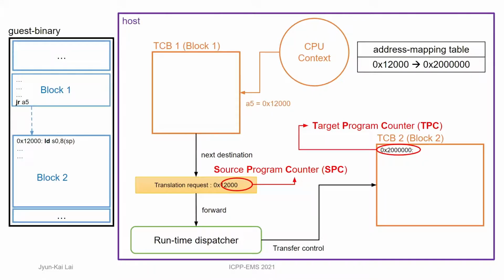TCB1 needs to pass the source address, which we call source program counter, or SPC, to the runtime dispatcher to find out the address of the successor block in the host machine, which we call the target program counter, or TPC. The runtime dispatcher looks up the address matching table, finds the destination, and transfers control to TCB2, which is translated from block 2 in the guest binary.